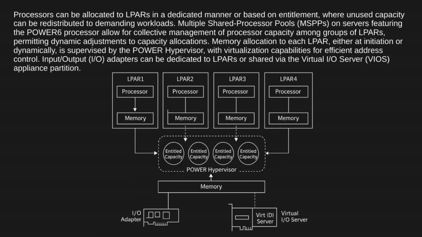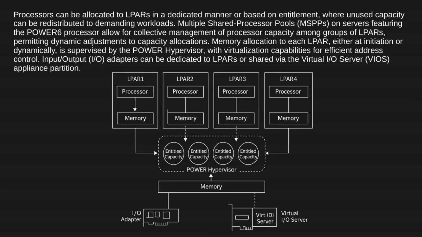Processors can be allocated to LPARs in a dedicated manner or based on entitlement, where unused capacity can be redistributed to demanding workloads. Multiple shared processor pools, MSPPs, on servers featuring the POWER6 processor allow for collective management of processor capacity among groups of LPARs, permitting dynamic adjustments to capacity allocations.